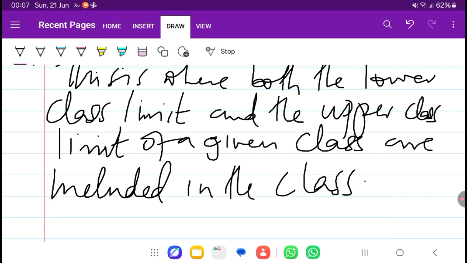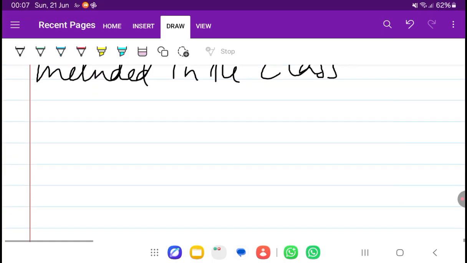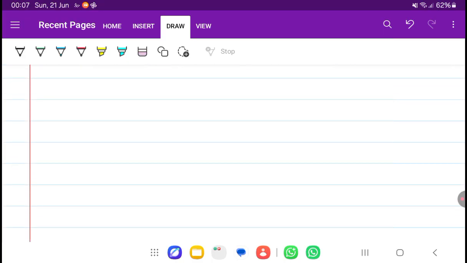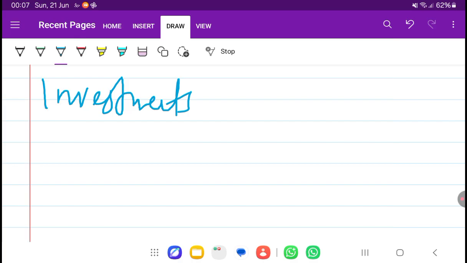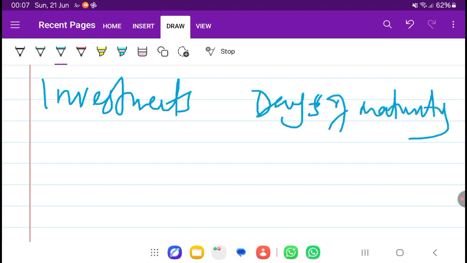For example, let me give you an example with inclusive classes. Let me just create something small. Let's just assume these are investments, and maybe we have days of maturity.